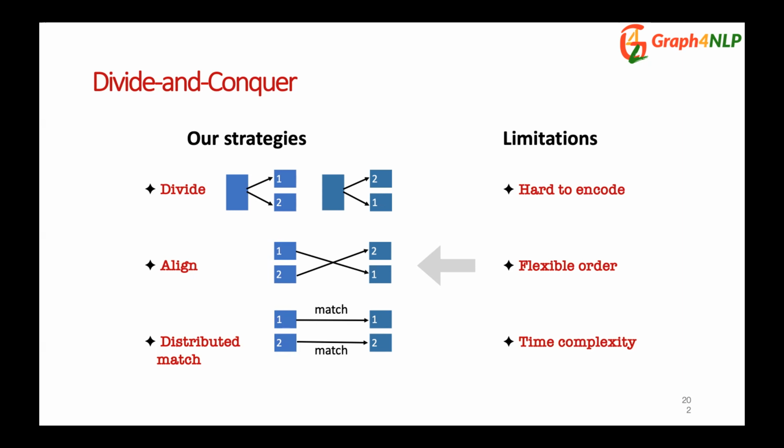Also, with the increase of length, the time complexity of matching also increases. So our strategy is to divide a long document into several short parts, align the corresponding parts within a pair of documents, and perform distributed matching with the corresponding short parts.